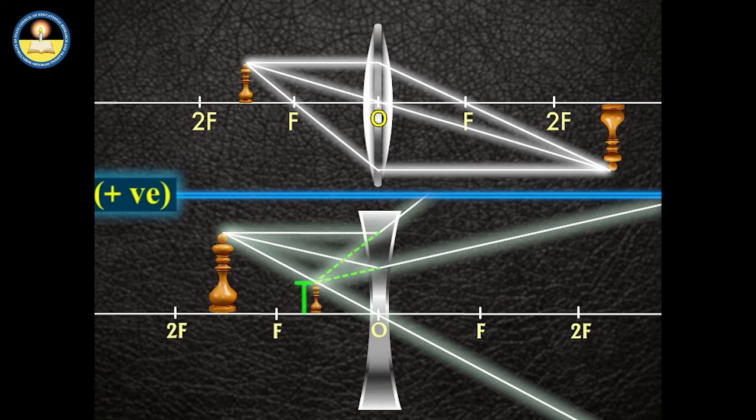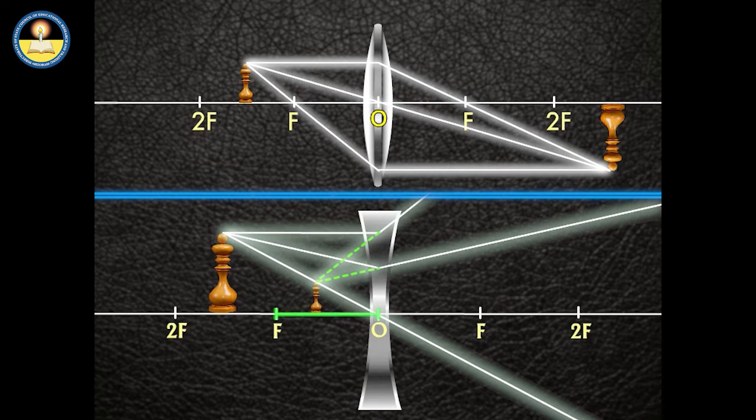The height of a virtual image is positive as the virtual image is always erect and formed above the principal axis. The focal length of a convex lens is always positive as its focus is marked on the side of emergent rays, that is, on the right side of the lens.